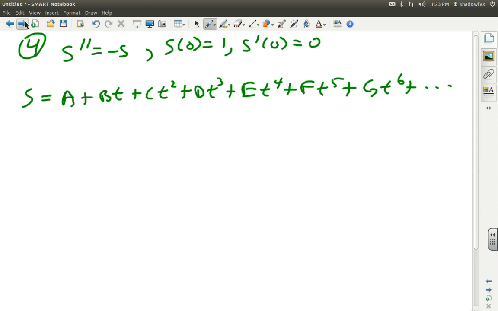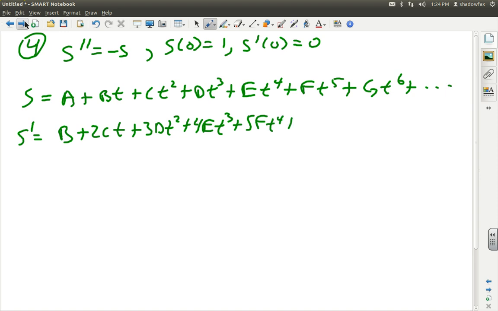Well, there's s, so I can take the opposite of that, but I need s double prime. So first let's get s prime. b plus 2ct plus 3dt squared plus 4et cubed plus 5ft to the 4th plus 6gt to the 5th. And I need s double prime, so do it again. Well, the derivative of b is 0.